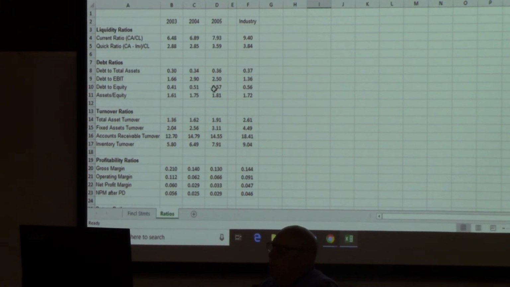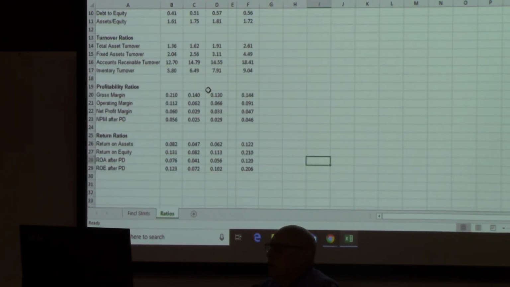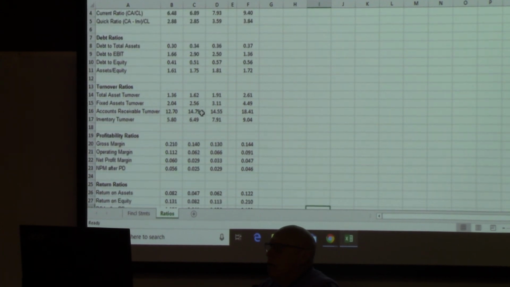Man, what is management doing? So let's look at liquidity. Their current ratio improved. Their quick ratio improved. So their liquidity is okay, but it's still less than the industry. Wow. So in all of these ratios, the company is lagging.